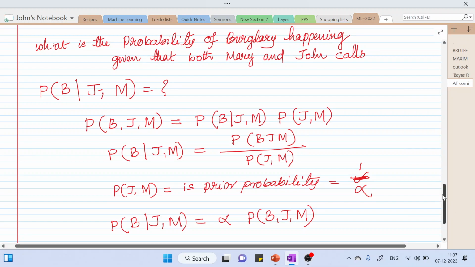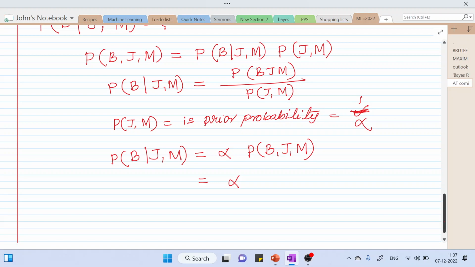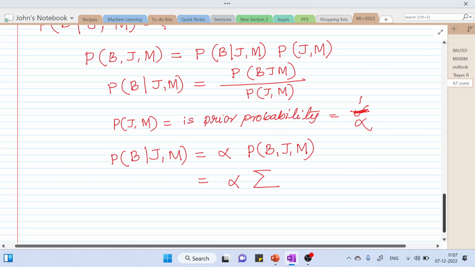But when they call, the alarm rings. When the alarm rings, the earthquake occurs. So this I will explain.